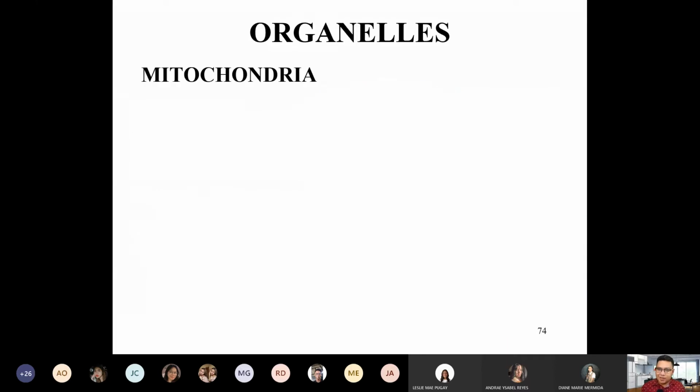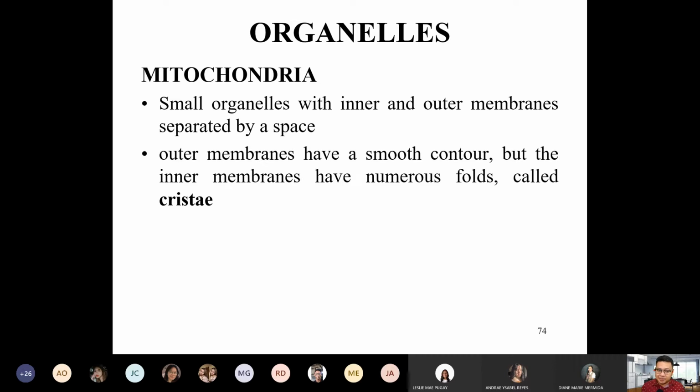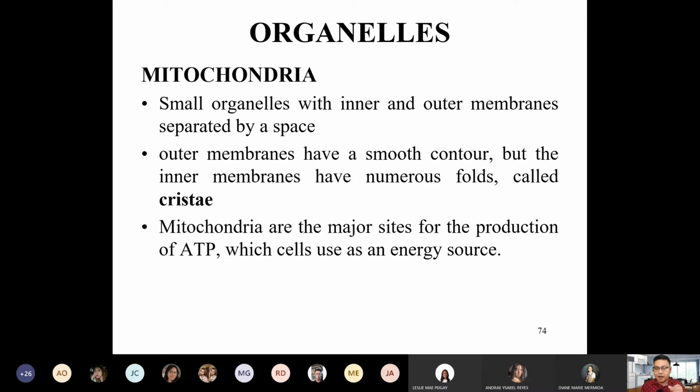Next, we have our mitochondria, the meme machine, or our power plant of the cells. These are small organelles with inner and outer membrane separated by a space. The outer membranes have a smooth contour, but the inner membranes have numerous folds called cristae. The main role of bakit nagkakameron ng folds is to increase surface area. If you have a larger surface area, the more reactions that organelle can accommodate.